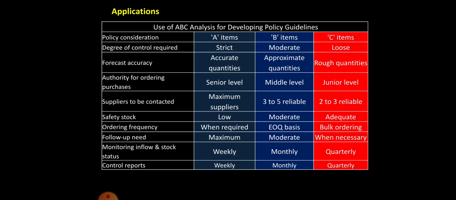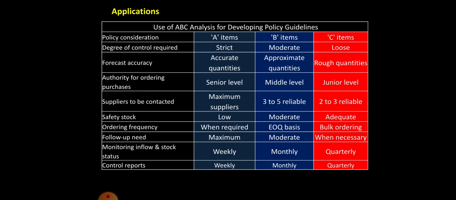As far as suppliers to be contacted, maximum suppliers are contacted in case of A items so as to get a good rate and reliable supply, whereas in case of B items it may range from 3 to 5 reliable suppliers.